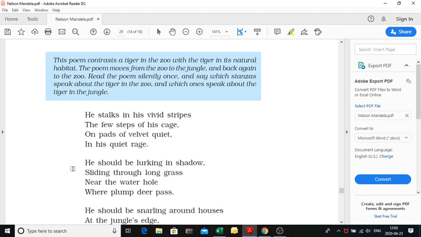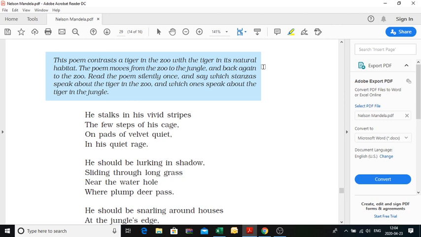Okay, before we start, let's read out what has been given here. This poem contrasts a tiger in the zoo with the tiger in its natural habitat. The poem moves from the zoo to the jungle and back again to the zoo.